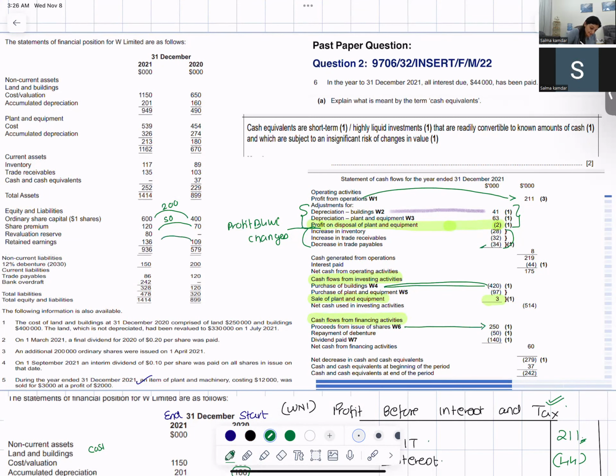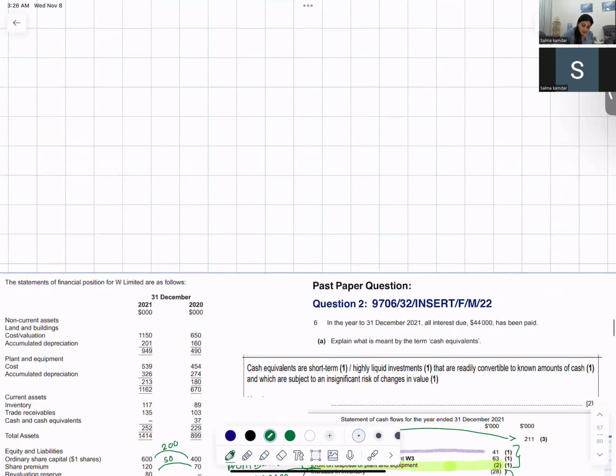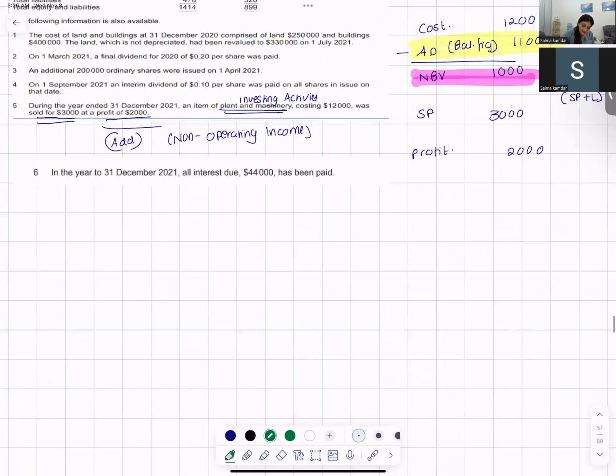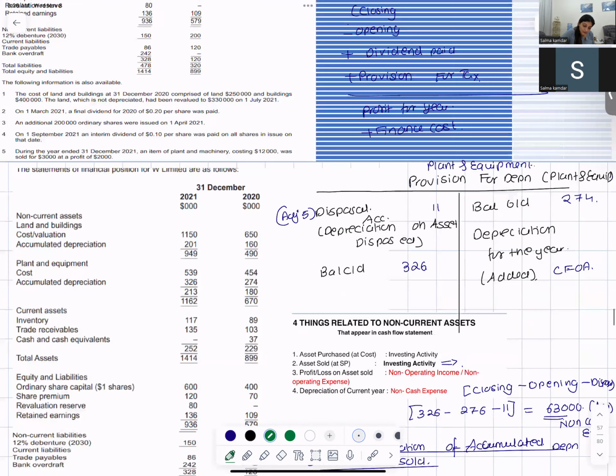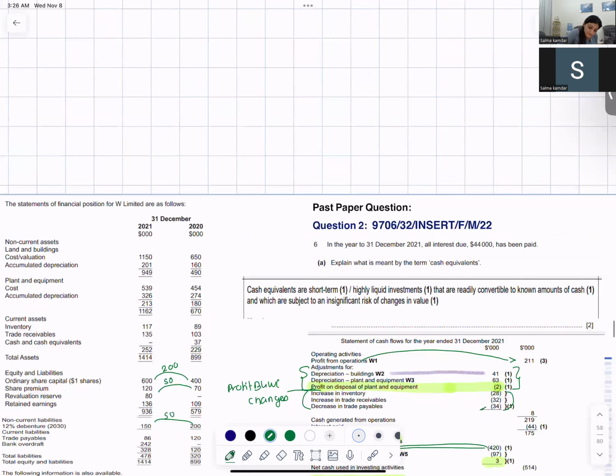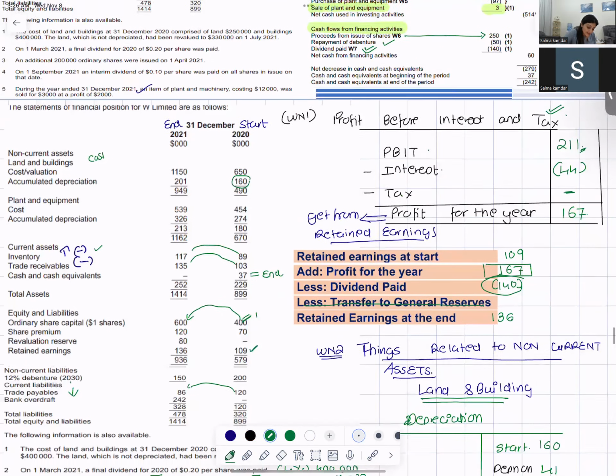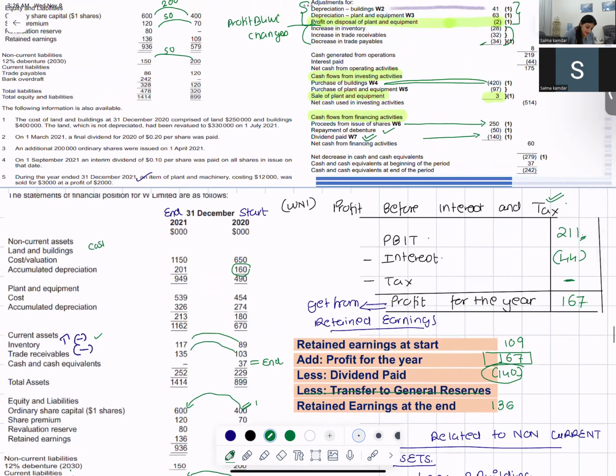You have repaid your loan, how much? 50. Even this was financing activity, repayment of debentures, and your dividend that you have paid. You calculated on top how much dividend you have paid. You have paid a total of 140,000 of dividend. Money is going out. This is financing activity.